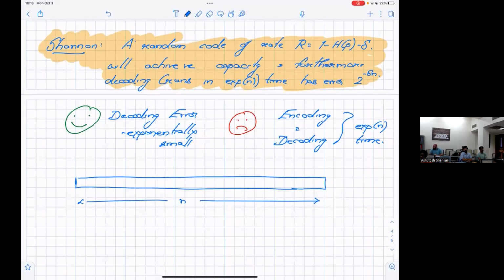What we could do is the same construction but on log n length. Split the message up into n by log n blocks of log n length each.